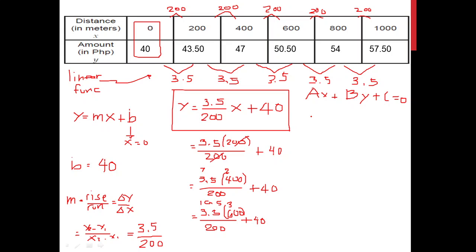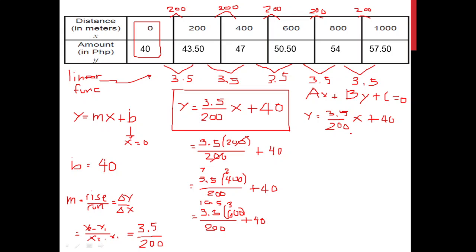So we have here y is equal to 3.5 over 200 x plus 40.